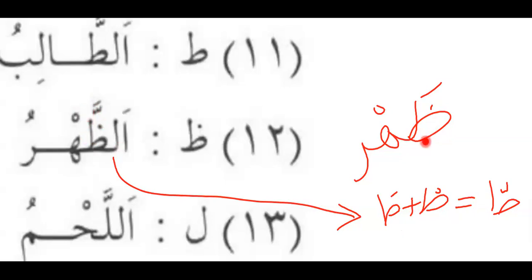The question is, how did one dha become two dhas? Where did we manufacture the second dha from? The answer is that this lam of alif and lam has been put inside the dha, just this one dha, and then it now becomes two dhas.